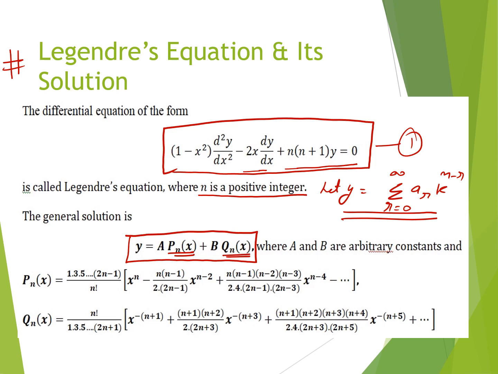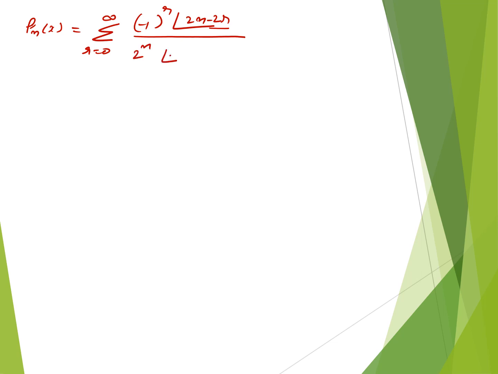The values of Pn(x) and Qn(x) are defined similarly. The value of Pn(x) is equal to the summation over r from 0 to infinity of (minus 1) to the power r, factorial 2n minus 2r, upon 2 to the power n, factorial r, factorial n minus r, factorial n minus 2r, into x to the power n minus 2r.